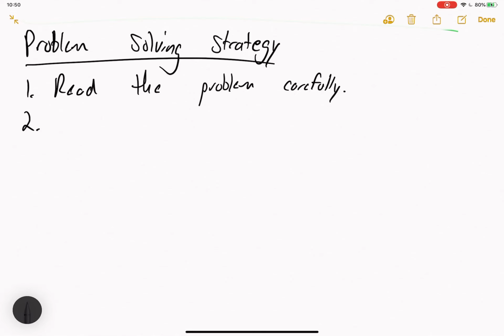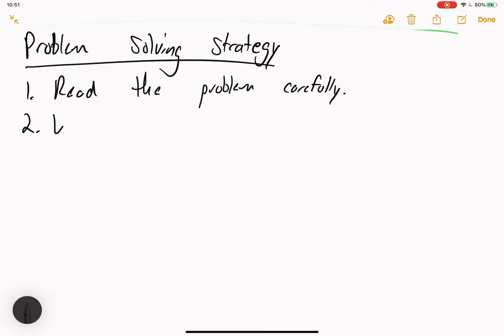Now, in terms of the pool problem, what we did was draw a diagram if possible. One of the things we say in math is, draw a picture if you can. It's always helpful. In terms of the pool problem, it's pretty nice.